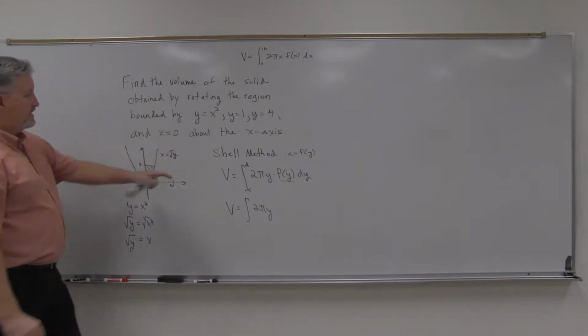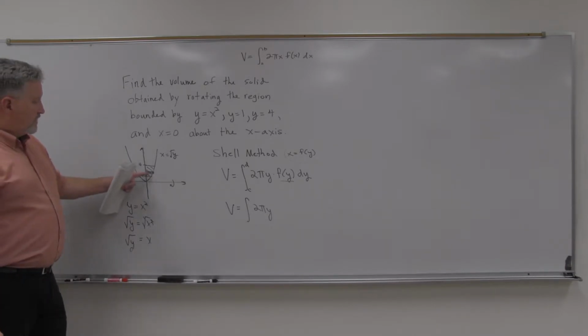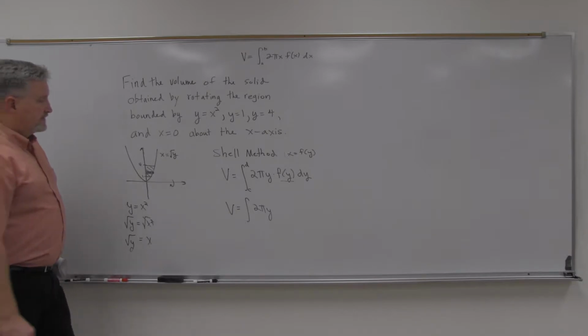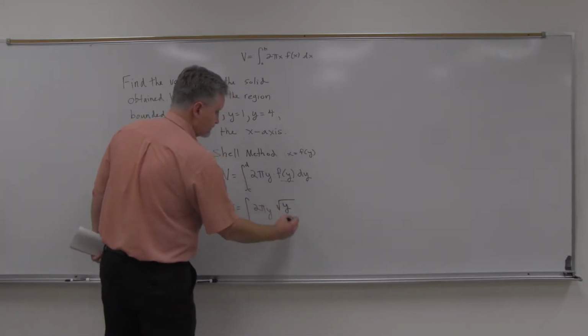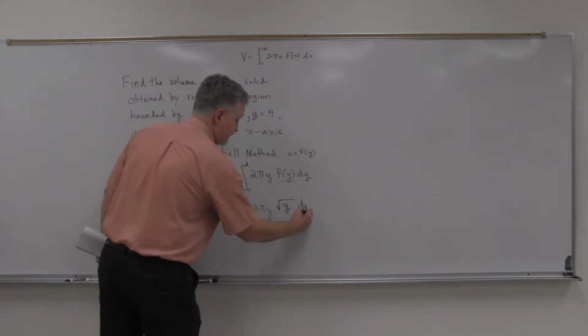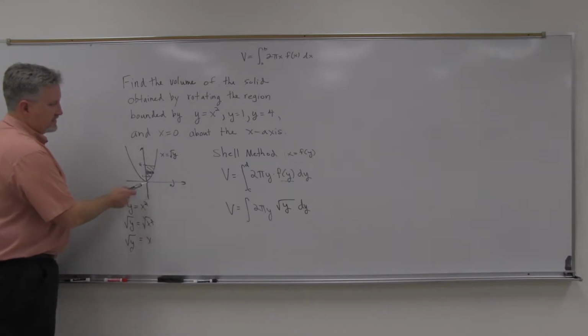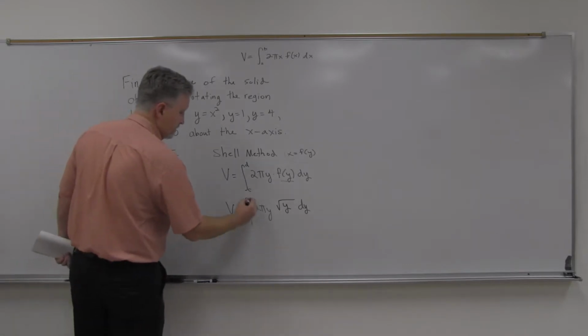And that's what we would need to call our f of y, because that's what our rectangle is integrated to. So it's 2 pi y times square root of y dy, and we've already got c to d, the y values that I'm going from, so the lower limit's 1 and the upper limit's 4.